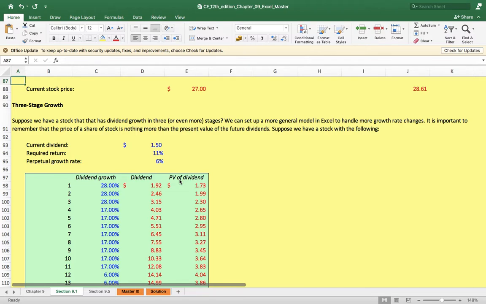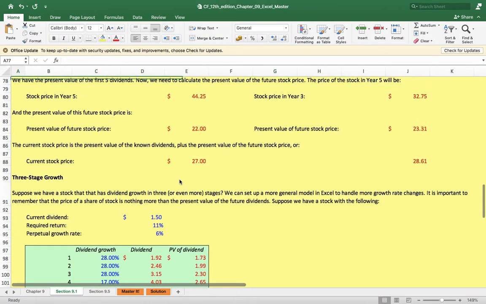The challenging situation comes when there are different stages of growth, like 2 stage, 3 stage growth of dividend. We have seen two scenarios with 2 stage growth models.